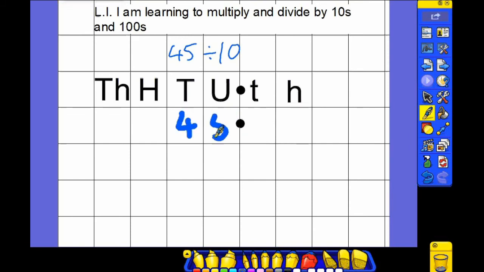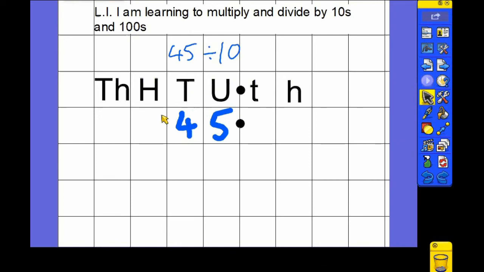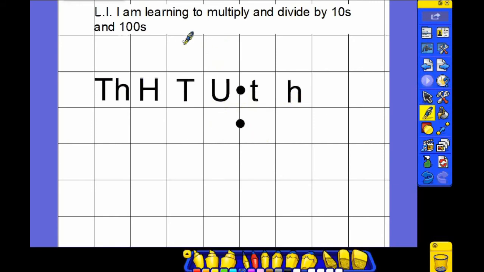What about 45 divided by 10? So we've got 45, 4 tens, 5 units. We're dividing it by 10. It's going to move 1 place down. There. So we get 4.5. One more example then. So we'll do 167, and this time divide it by 100. Well, we know it's going to move 2 places.